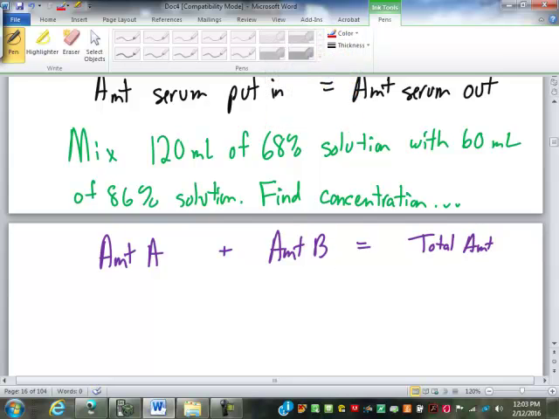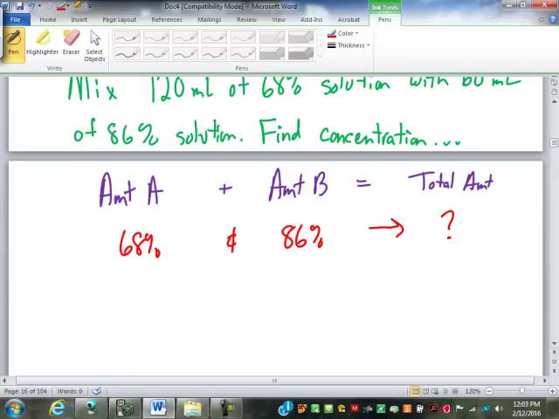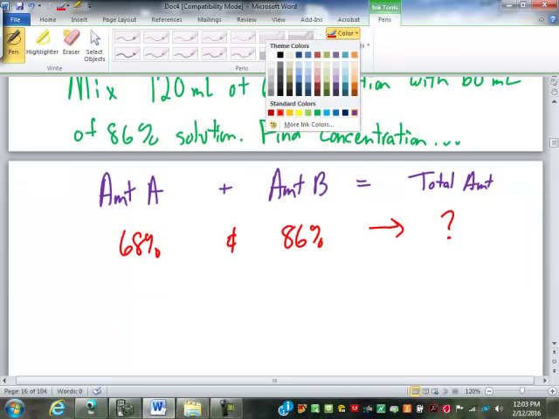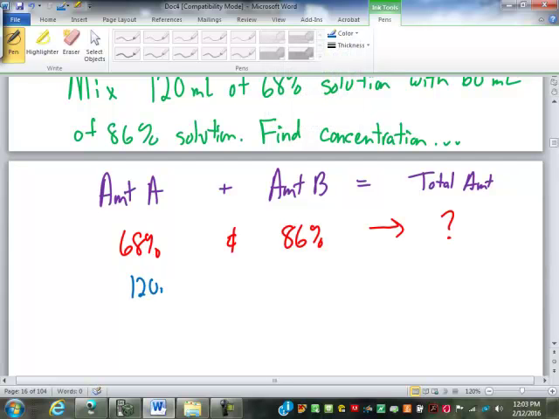Well, the first solution that we're combining here is 68%, and we're combining it with an 86% solution and hoping to get a result that we can calculate, that we can find. We know the volume of each. We know that there was 120 milliliters of the 68% and 60 milliliters of the 86%.